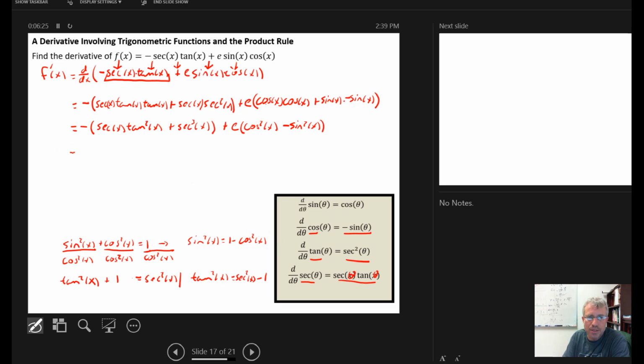So I can come up and make some substitutions. So negative, parentheses, secant of x times parentheses, the tangent squared can be replaced with the secant squared minus 1.